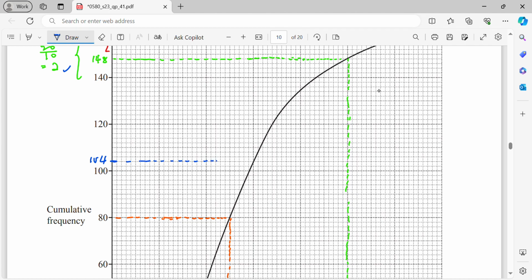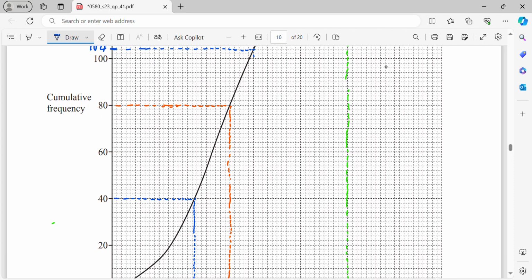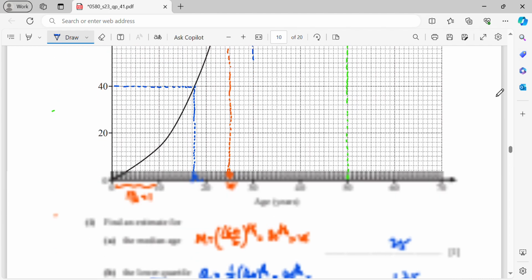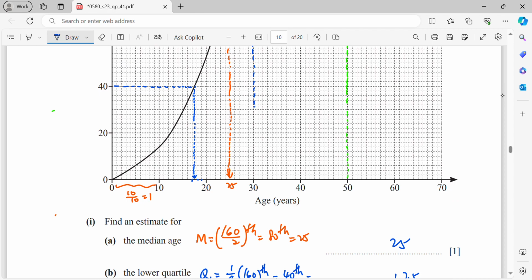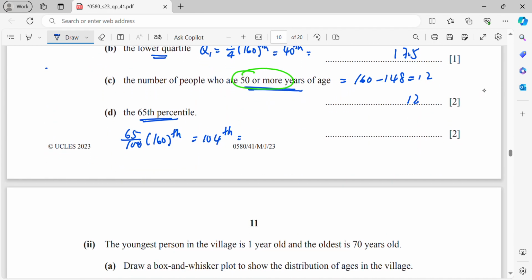Just draw the line, and then project downwards. So you get 30. Okay, so my answer is 30.